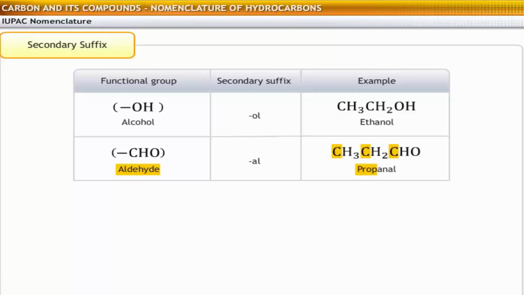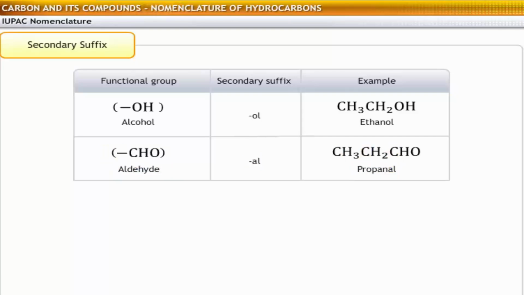The aldehyde molecule is saturated, so the primary suffix should be ane. However, the molecule contains a functional group CHO, so a secondary suffix needs to be included in the name. Remove the E from alkane and add the suffix -al. Therefore, the IUPAC name of the given molecule is propanal.